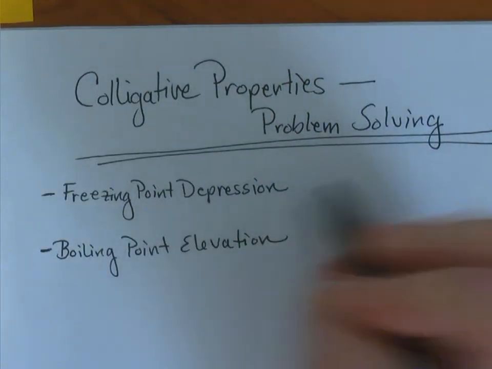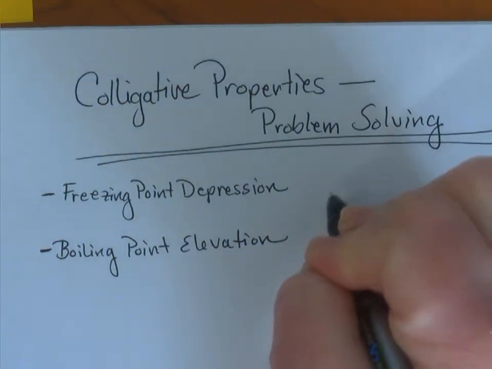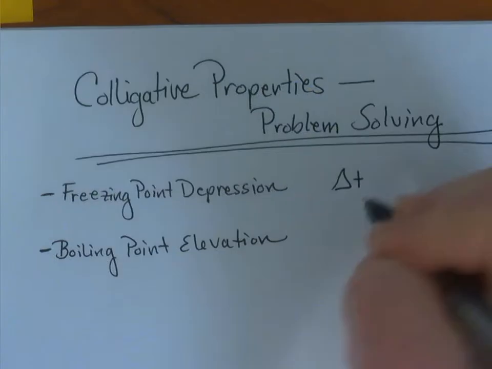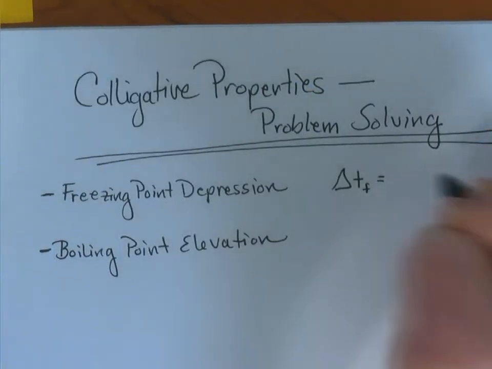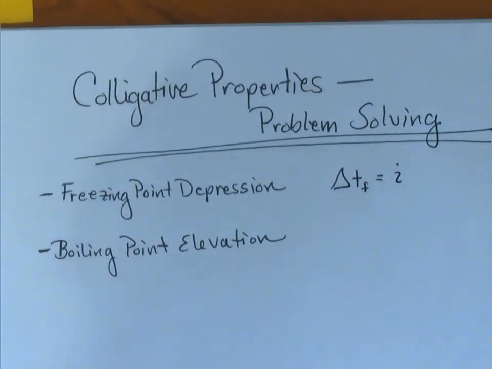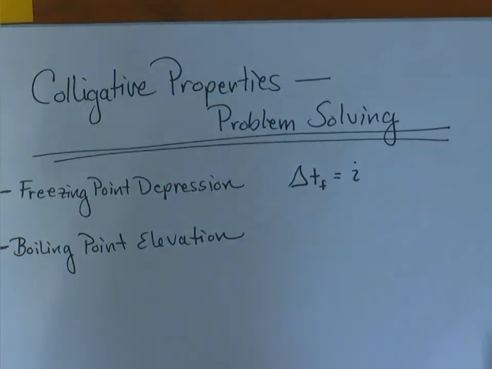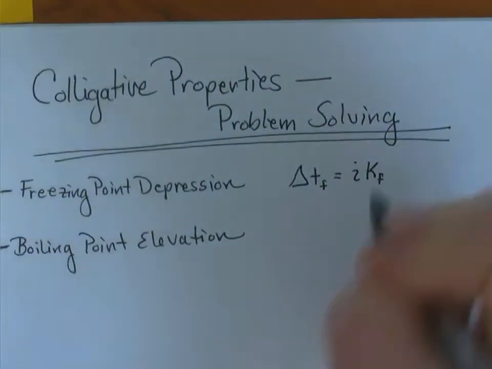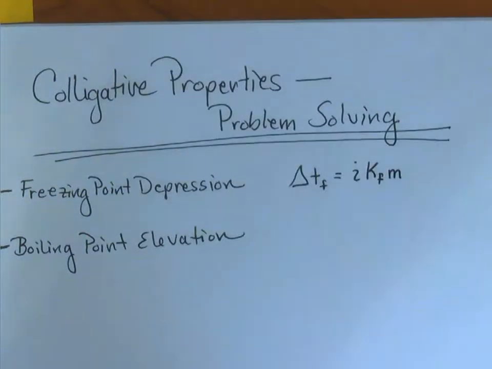The equation for freezing point depression is often presented as delta T_f equals i, the Van't Hoff factor, times K_f times lowercase m. All right, so what are all these different pieces of this equation?